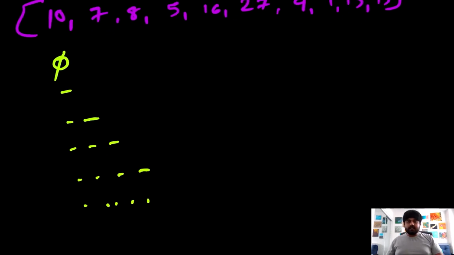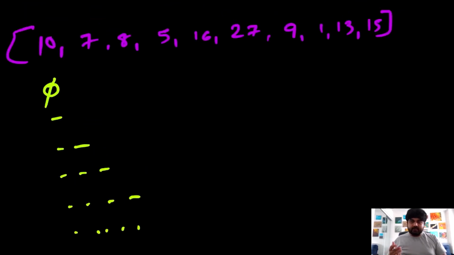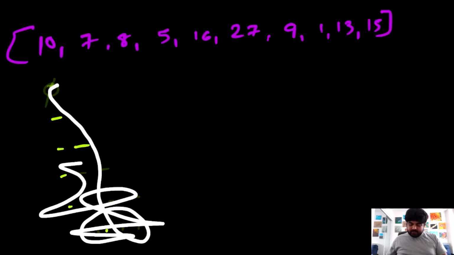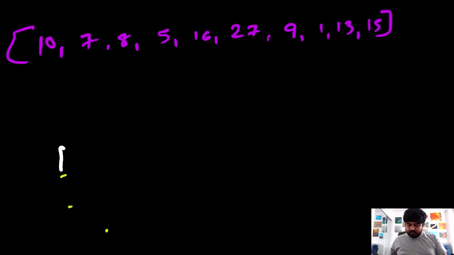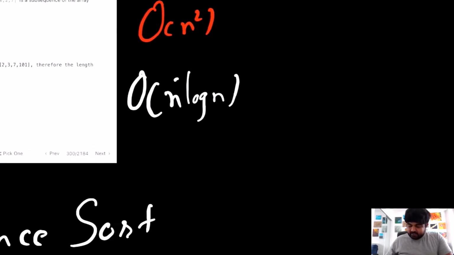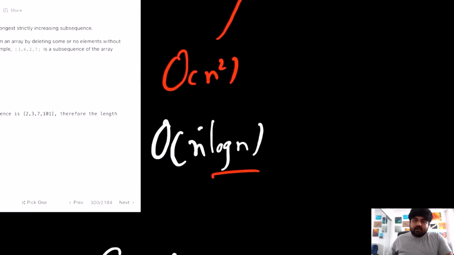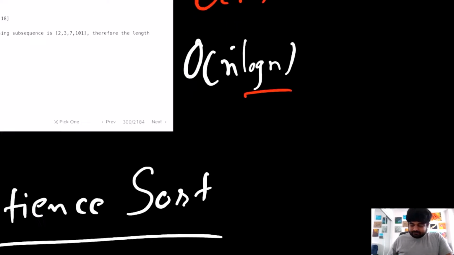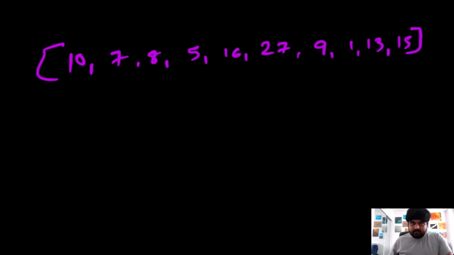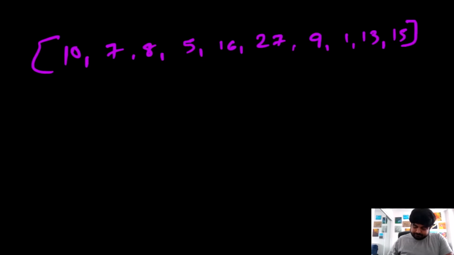Our aim is to find the longest increasing subsequence that we can achieve. For this one we are going to use a couple of arrays. We are going to put them in a different manner, and as you would have guessed, because the time complexity we get is n log n, somehow we are going to use binary search over here. So let's start the problem.